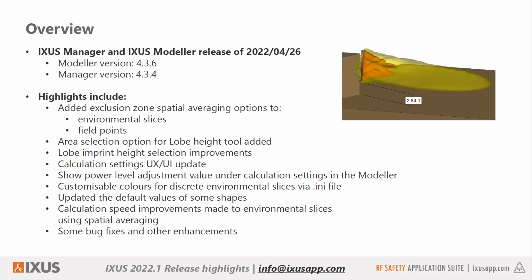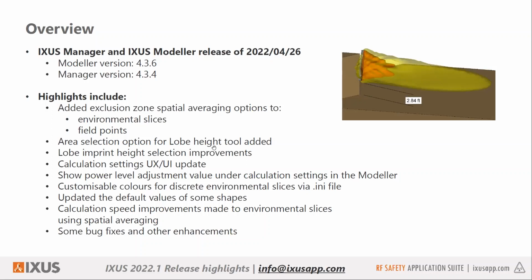So for my USA friends, I know this is something that is quite new there, but this is a 3D shape of how the antenna or the RF safety zone. So we've had spatial averaging on this zone since last year's release. And then we also introduced spatial averaging for the environmental slice, which is a 2D plane, but only for a particular case. So we've extended that now in this release to account also for different spatial averaging schemes that I'll show you a bit later in the slide.